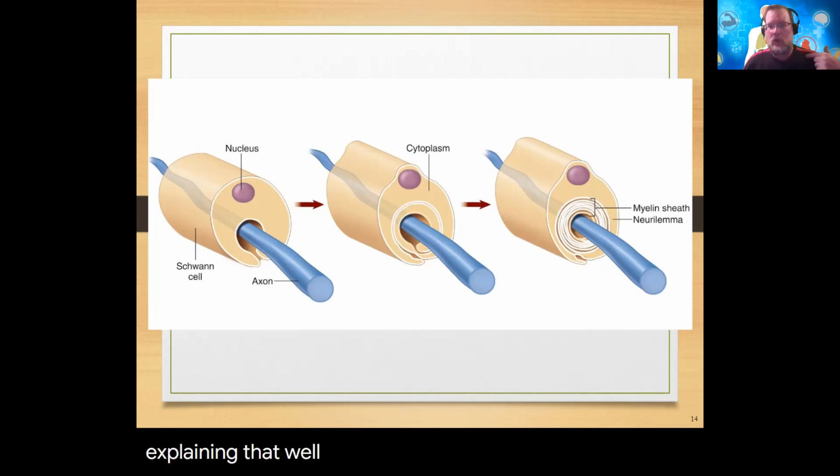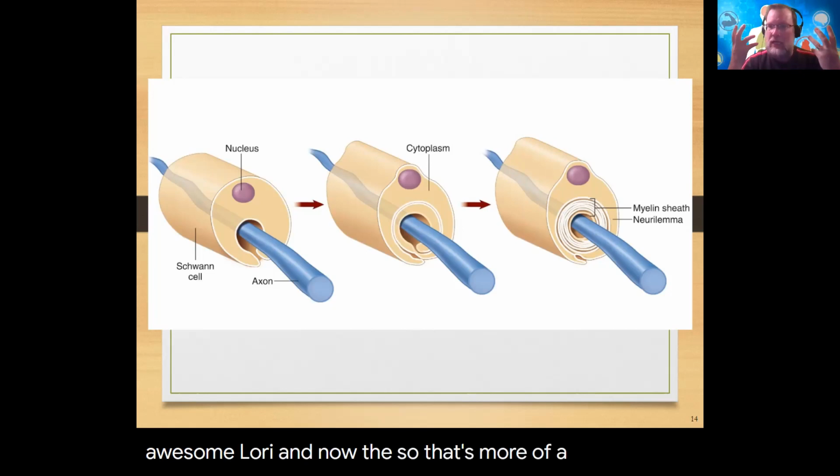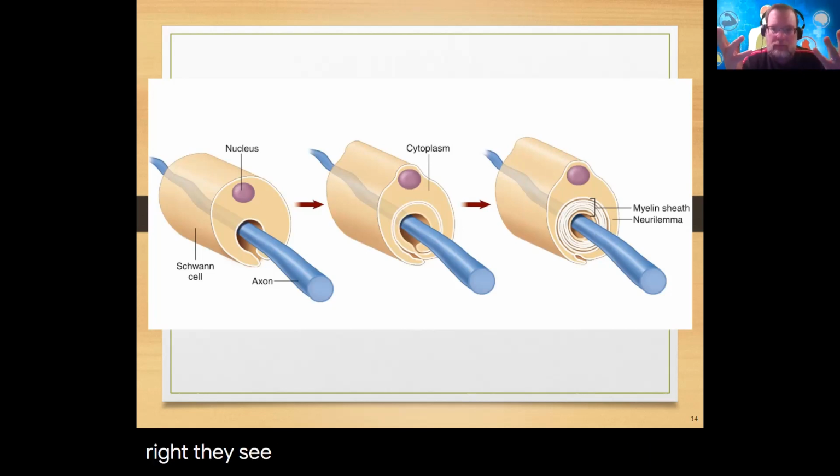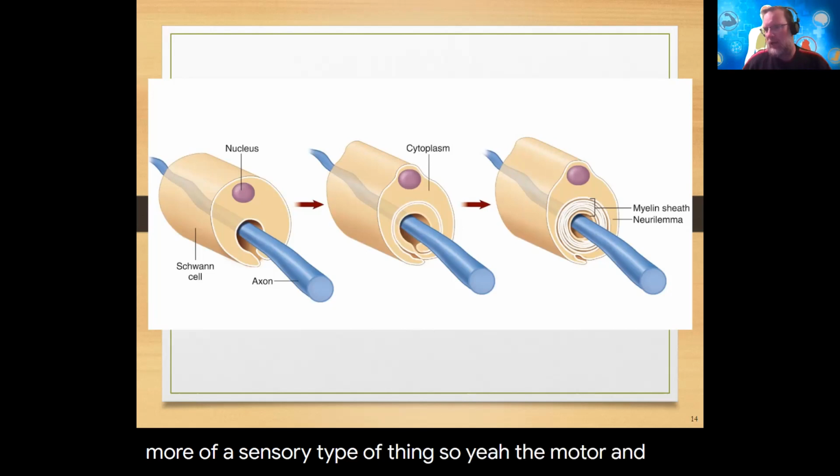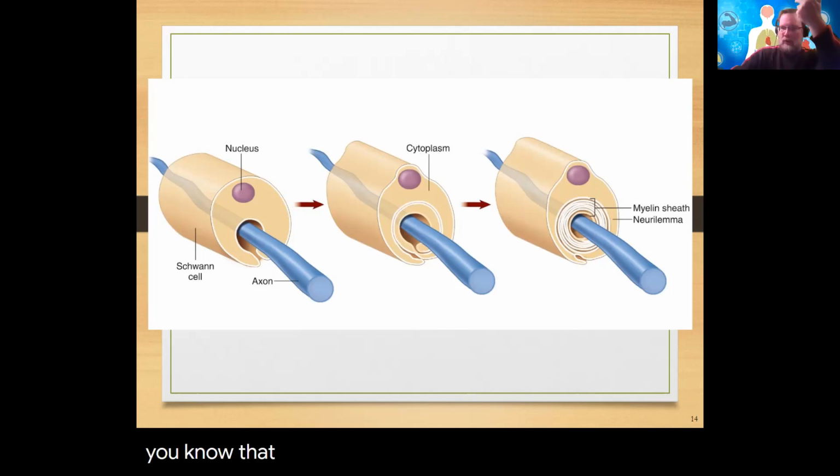Sounds like I gave the patient the right awesome, Lori. So that's more of a sensation. Phantom pain, the phantom limb, is more of a sensory type of thing. But the motor aspect, that pathway still exists as well, but we've eliminated that muscle.